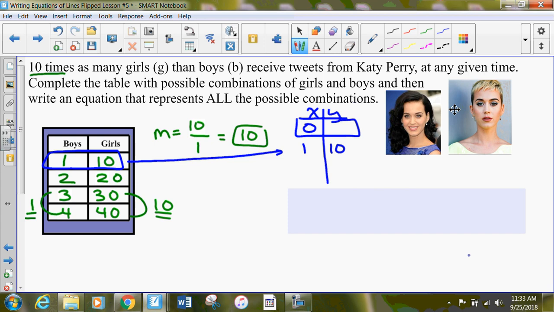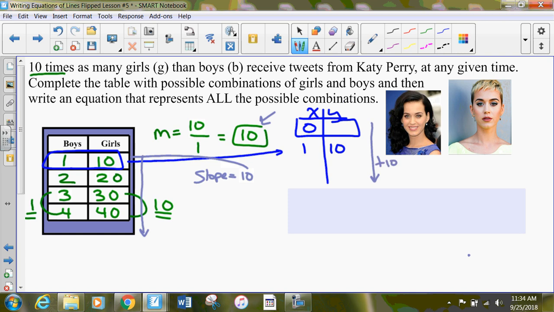When we see that the slope is equal to 10, that means that, even just looking at this table, as we move down the table, our y values are increasing by 10, right? 10 plus 10 is 20, 20 plus 10 is 30, 30 plus 10 is 40. So that's why when we see that we have a positive slope, that means as we move down the table, we are adding by that slope.